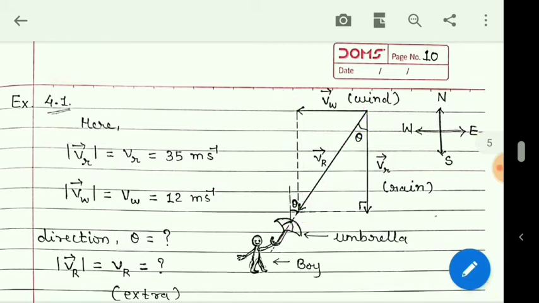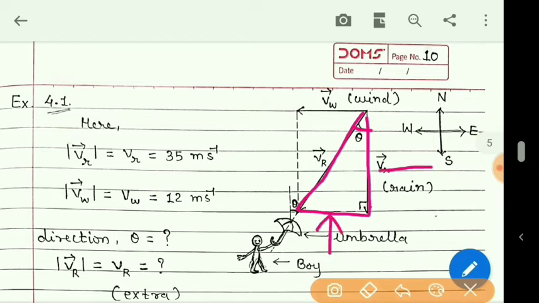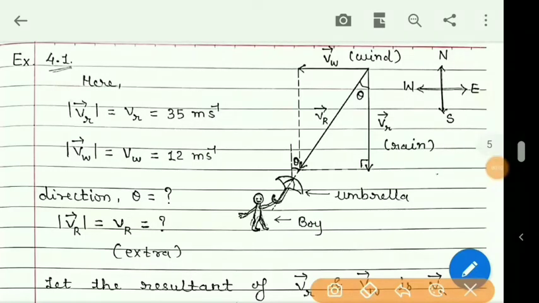Now again, using trigonometry, in this triangle with respect to theta, this side is the opposite side and this is the adjacent side, and so tan theta is equal to opposite side upon adjacent side. Students, remember, this side has magnitude equal to VW.